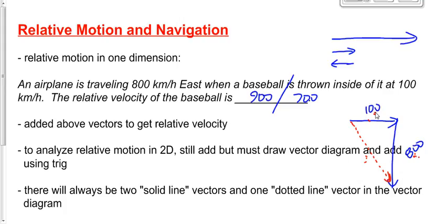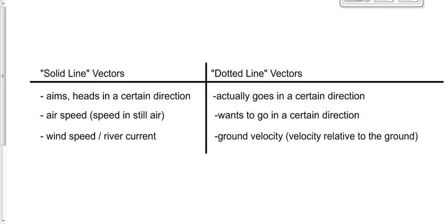The dotted line vector is where it actually goes. Make sense? Solid line vectors contribute. Dotted line vectors, or resultant vectors, are the result of the solid line vectors, the result of the things that contribute.